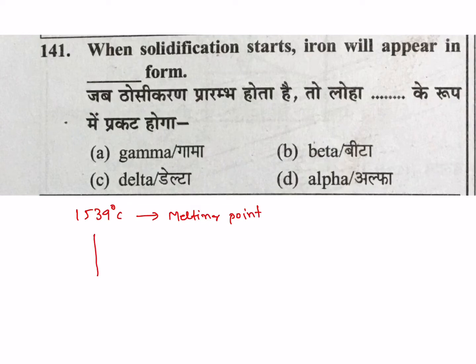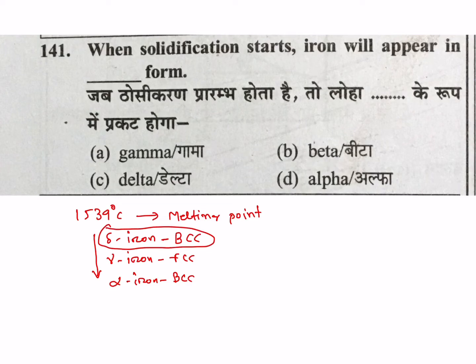Then if you reduce its temperature, first you will get delta iron, BCC structure, then gamma iron, FCC structure, then alpha iron, BCC structure. So when solidification starts, iron will appear in delta iron form, BCC. C is your correct answer.